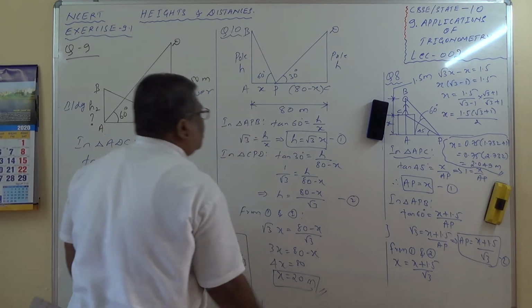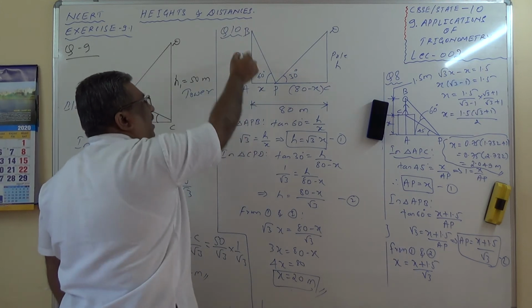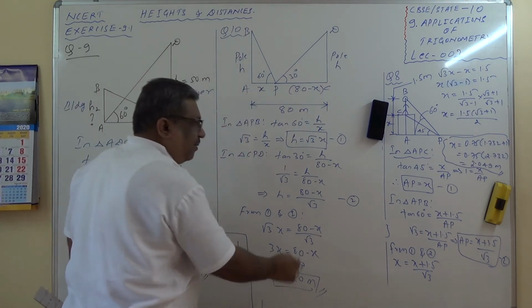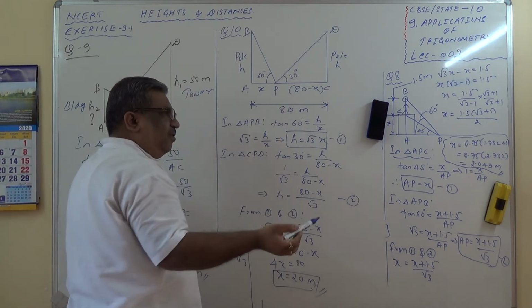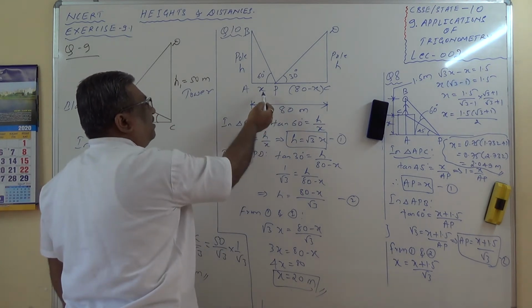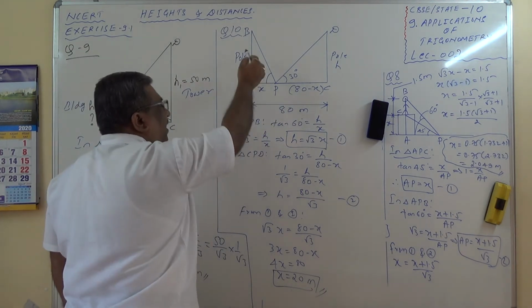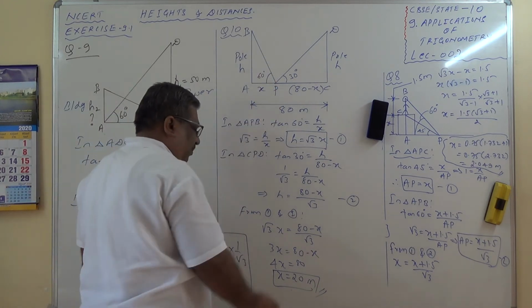So I got the position of the point from base of the pole AB. X is equal to 20 meter. Position is found out. So what will I write? The point P is at a distance of 20 meter from the base of the pole AB. That is my answer. One answer I got. But height of the pole we will calculate.